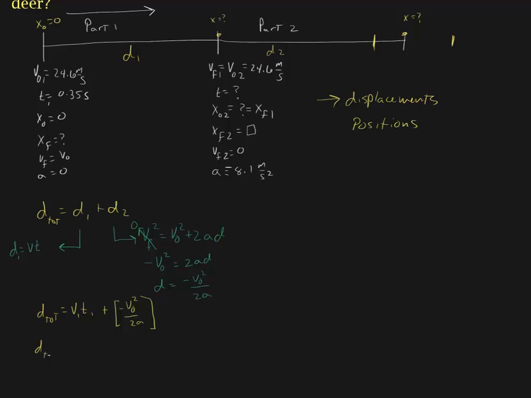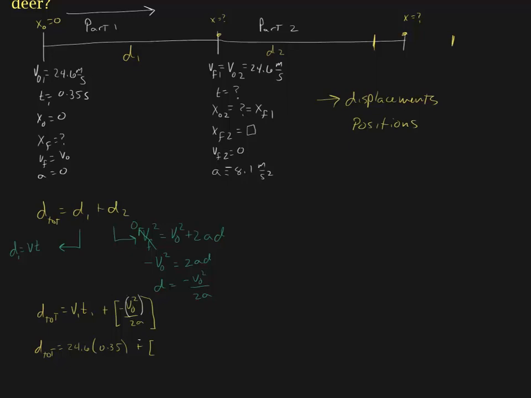So d total is equal to v1, which is 24.6, times t1, which is 0.35, plus, all right, now this is where we have to be careful. This negative sign is not part of the square.